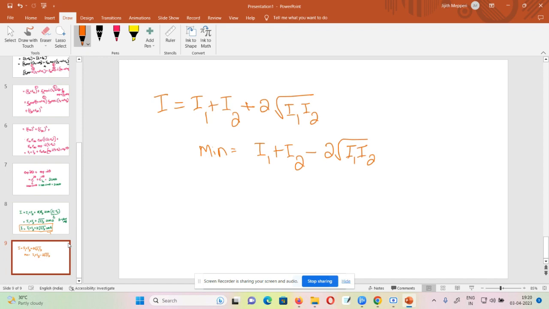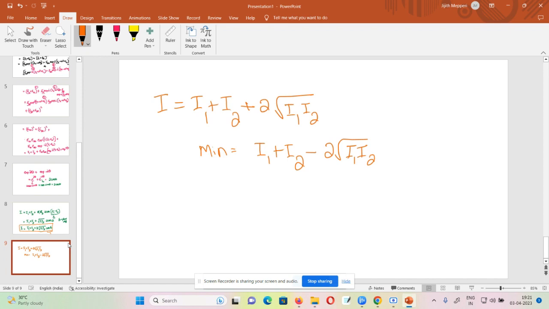I wanted to explain this one because in the slide it was showing I1 equal to E naught cos kz minus omega t, and I2 equal to E2 naught cos kz minus omega t. That is actually only containing the information about the amplitude.